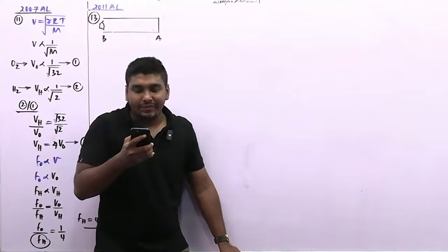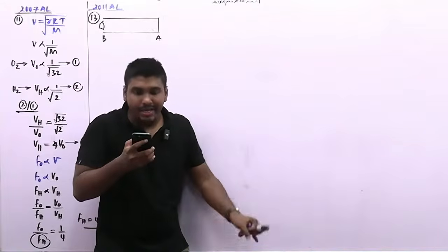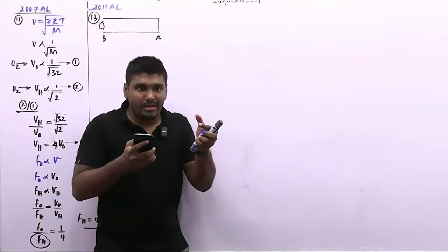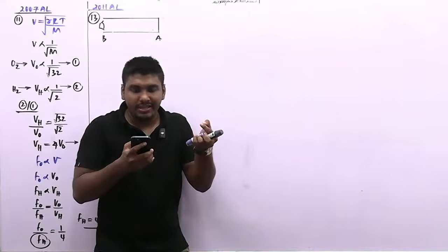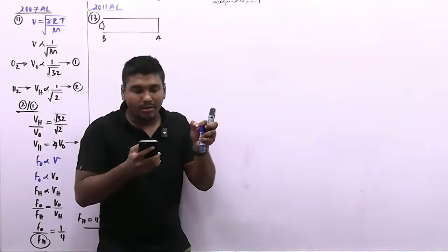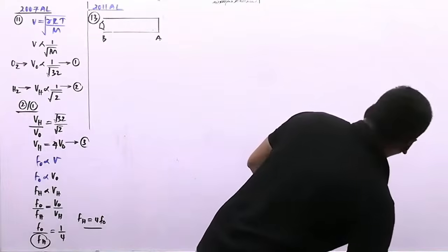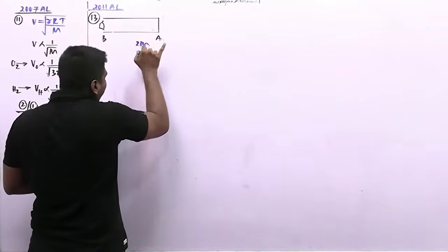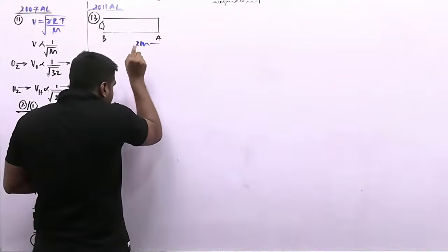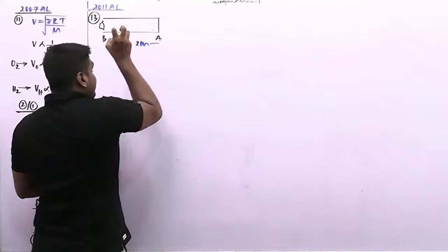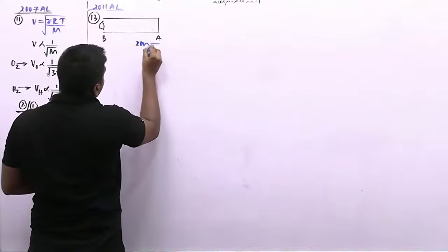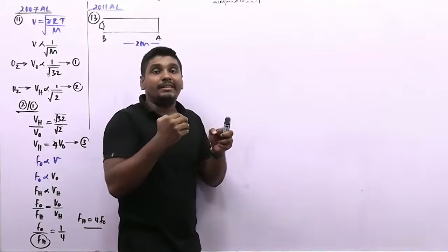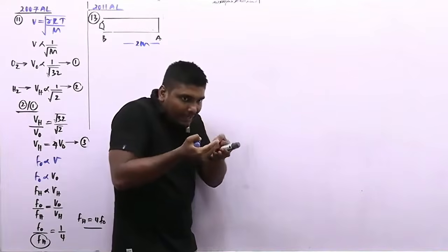Sound detector which is sensitive to pressure variation is taken from A to B, minimum sound level. That is minimum pressure. Minimum pressure is detected at 2 meters from the wall. Exactly at 2 meters from the wall, the sound detector detected a minimum pressure.